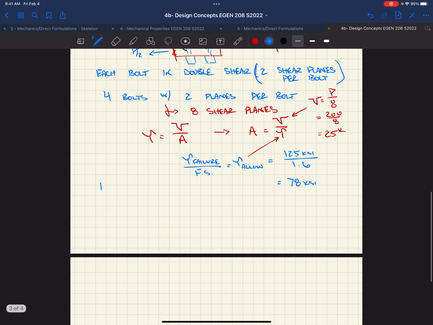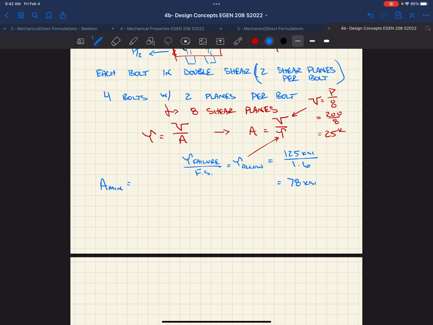Now we know that our minimum area, anything larger than this, we got a larger diameter. If we have a larger diameter, our shear stress is going to go down. We also want to minimize materials when we're designing things. Materials cost money. Fabrication costs money.